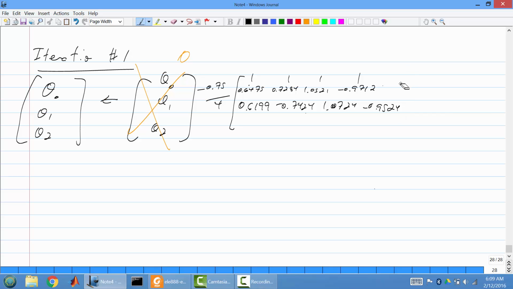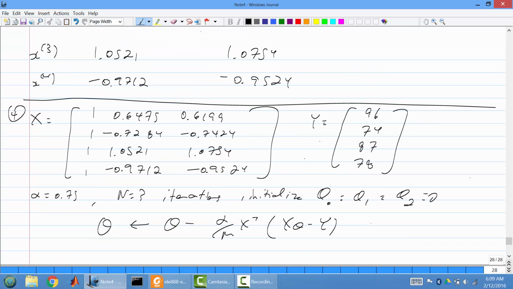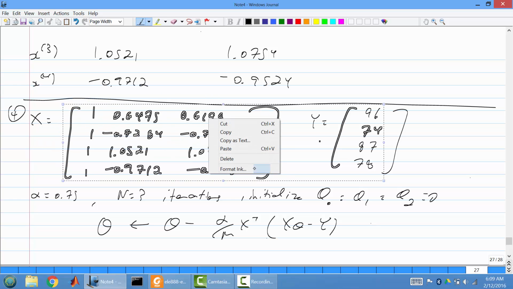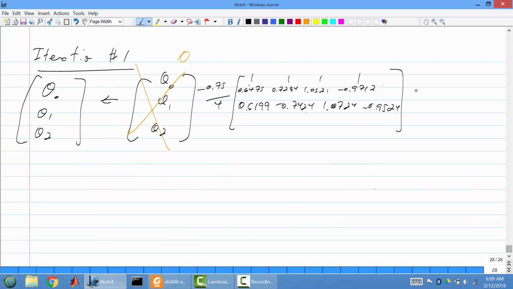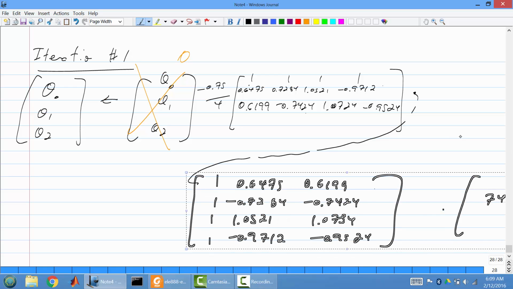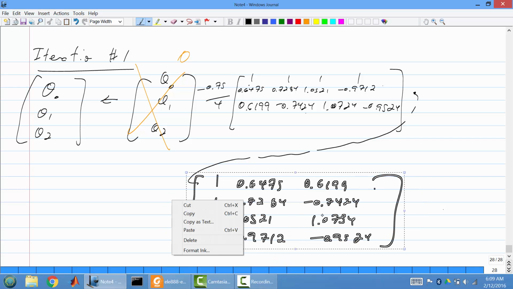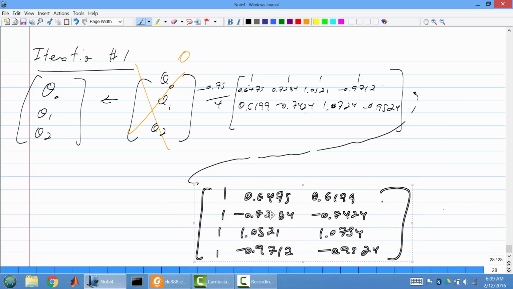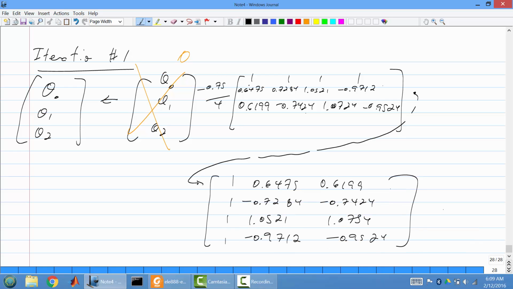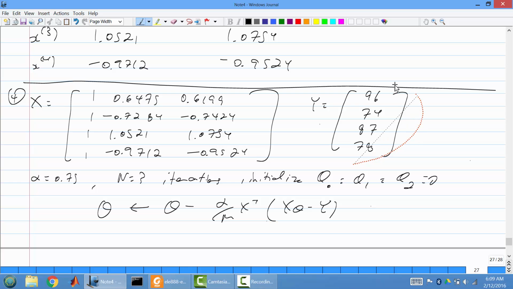Okay, and then we multiply this by the matrix here. Bring this all the way down. We're multiplying by this matrix, times 0, 0, 0, minus the expected vector, which is this guy.